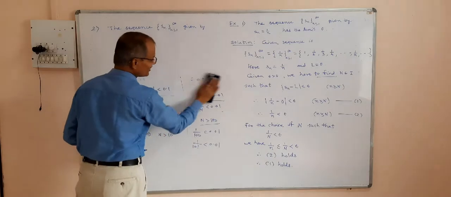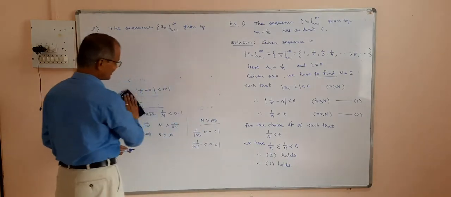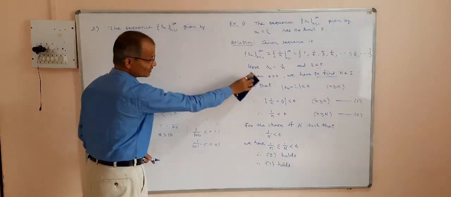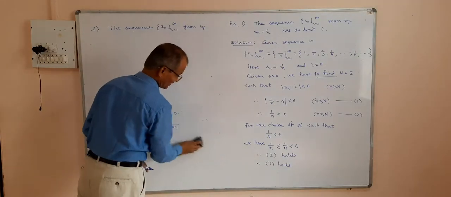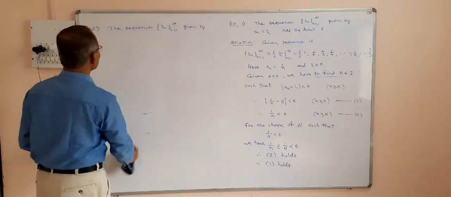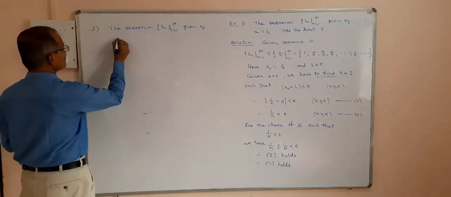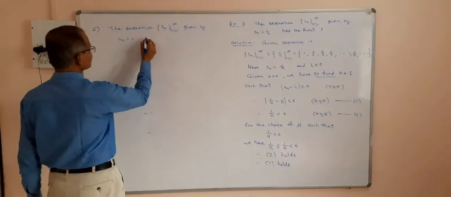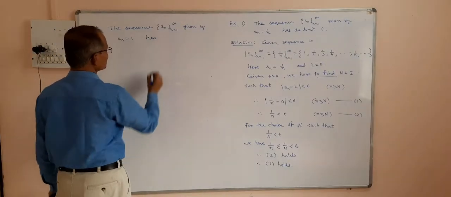So we know limit of 1 by n is 0 as n tends to infinity, but actually we have to show it according to the definition, means according to this procedure. And here we shall consider Sn as a fixed number. Sn is equal to 1, has the limit 1.